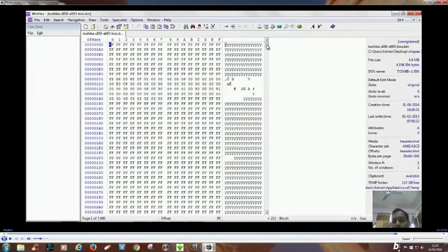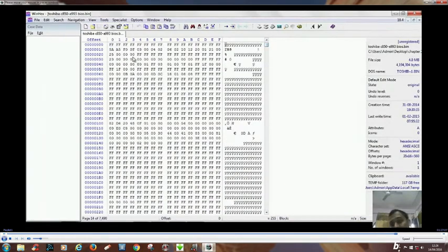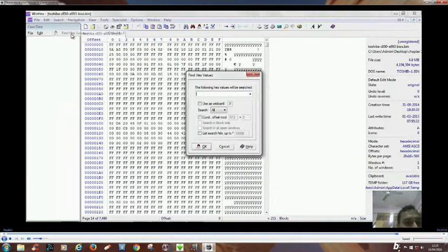Now this BIOS, we have disassembled the BIOS with WinHex, but where to locate it? At what address is the AMI region? A very simple formula is that you can just search, find hex value.